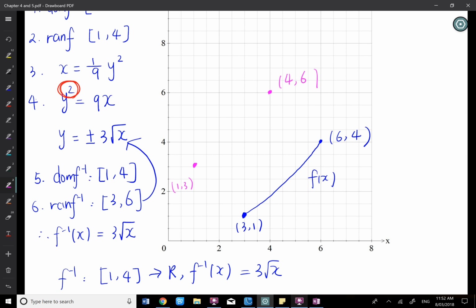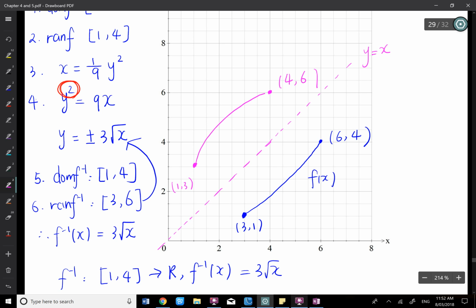Better sketch out y equals x. That's y equals x. So I know this graph should look like this, it's more flat.